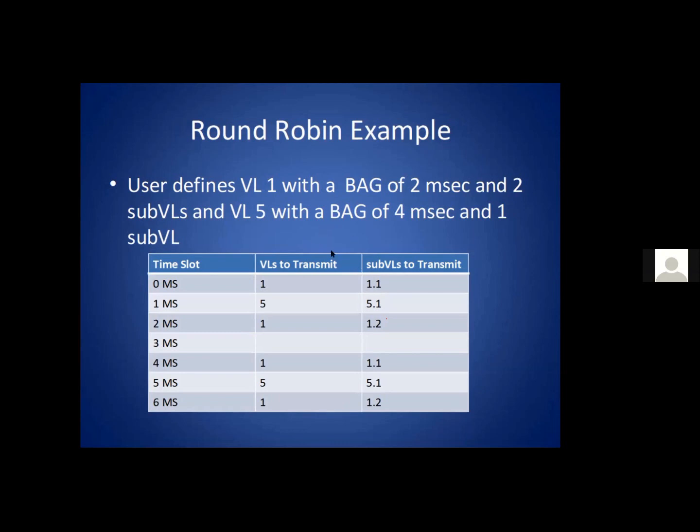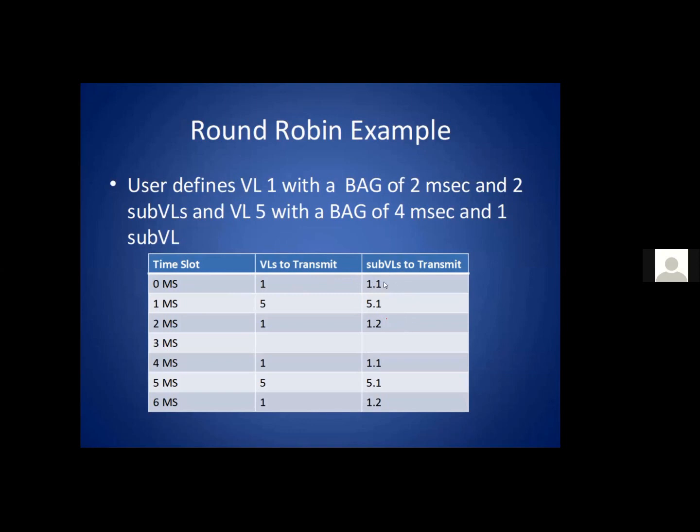If you define sub-VLs, then we will take the VL slot and divide it among the sub-VLs. Here, you've defined VL1 with a BAG of 2 milliseconds, but it has 2 sub-VLs, which means it has to go out every 2 milliseconds, but you can split those among the 1 and 2.